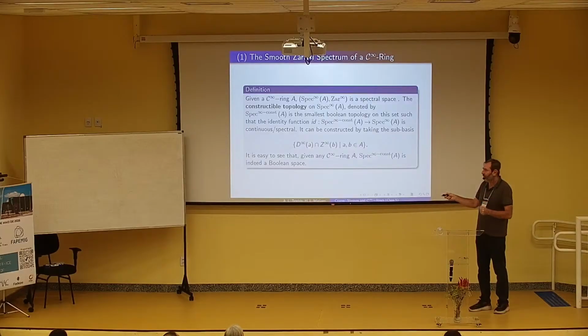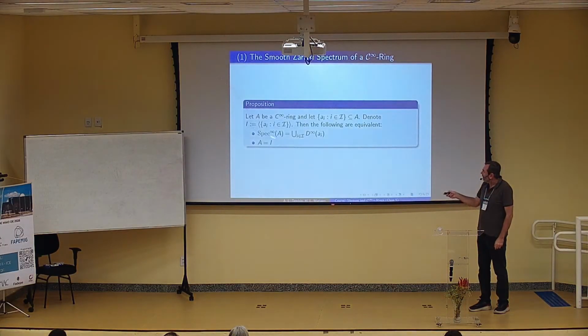Então, essa é a topologia construtível, e é bem tranquilo de fazer a construção. Os básicos são formados dessa forma, e aqui eu estou simplificando um pouco a situação, já que no caso dos anéis sem infinito a gente sabe que a reunião de abertos básicos é aberto básico, equivalentemente, a interseção de fechados básicos é um deles. Então, tem uma forma mais simples de expressar a base da topologia construtível aqui no anel sem infinito.